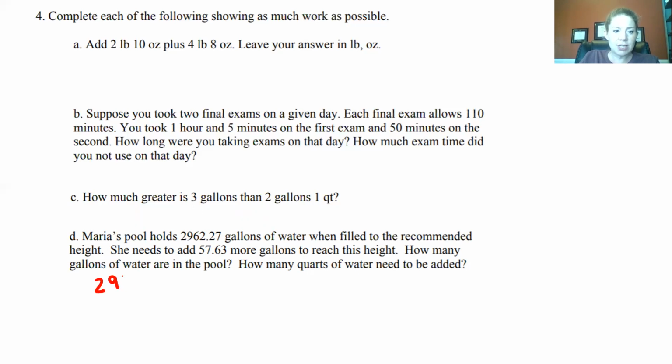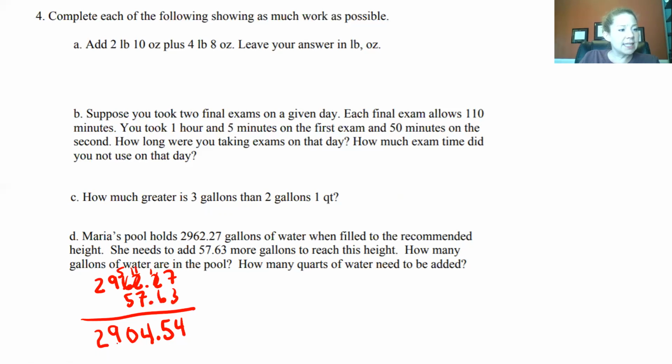Well, we're just going to subtract those two numbers. Remember, when you subtract decimals, you line up those decimals right on top of each other. So 7 minus 3 is 4. Turn that into a 12, that into an 11, that into a 5. All right, so 11 minus 6 is 5. And then 11 minus 7 is 4. 5 minus 5 is 0.